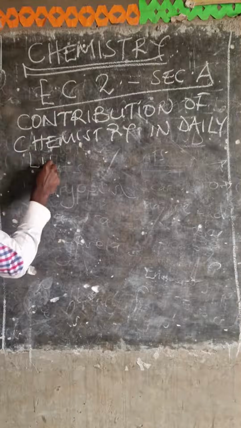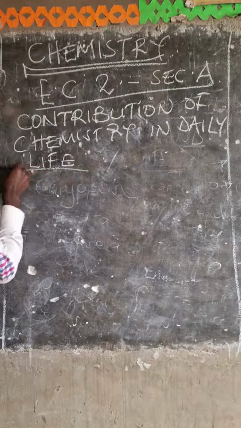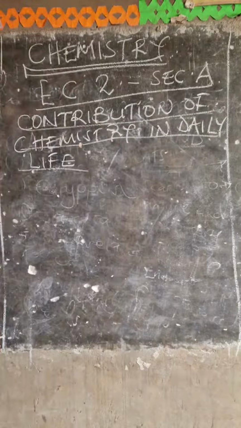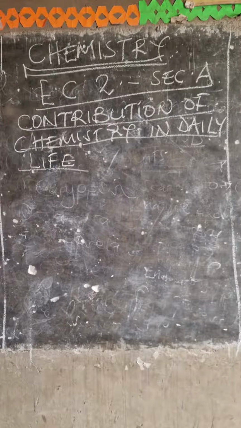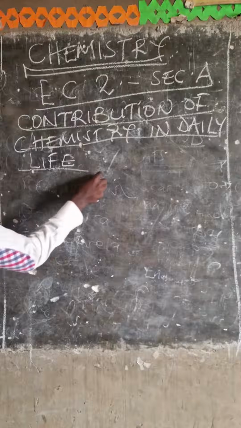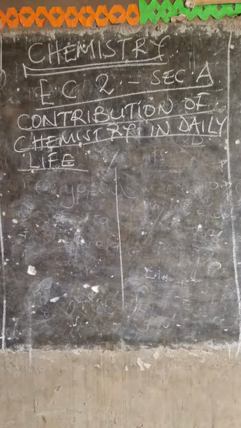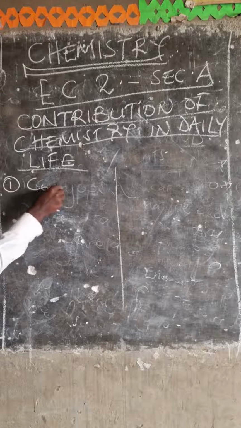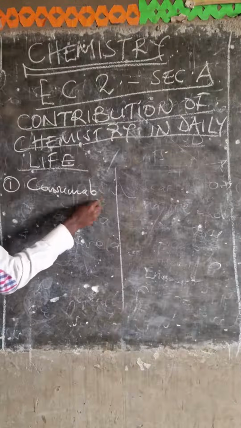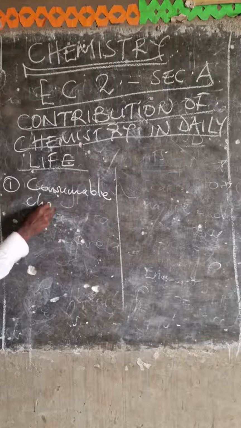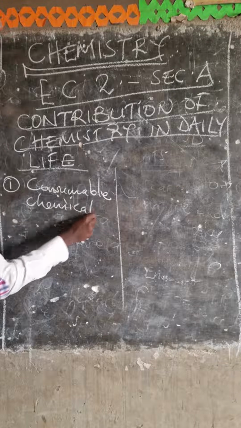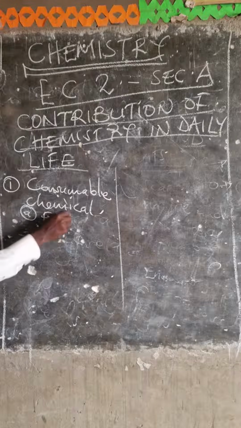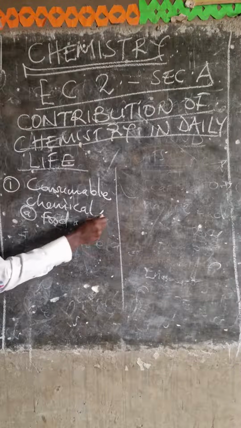We said it sets a certain item in section A, chemistry paper 1. There are a number of topics, among which we have consumable chemicals, where we shall have a look at food additives, which is our target today.